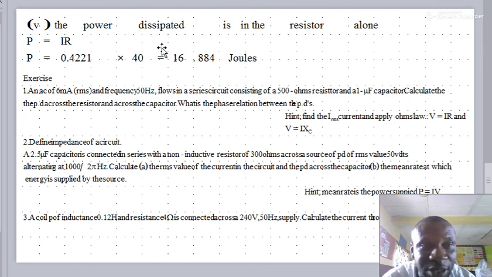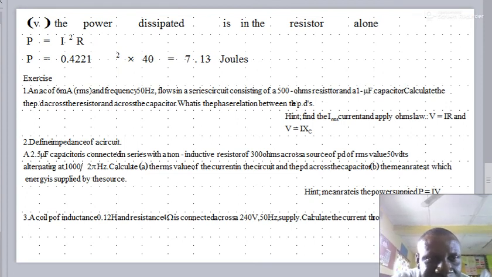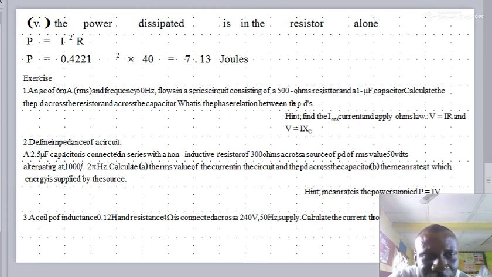So the energy expended in the circuit is the power, and we can calculate the power in this manner. That is the power I squared R from Ohm's law. So the power is the square of the current times the resistance in the circuit. Okay, as you can see there, so much for the circuit.